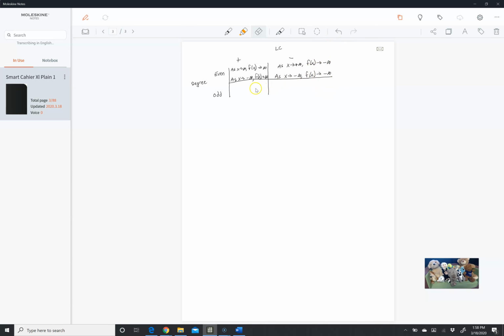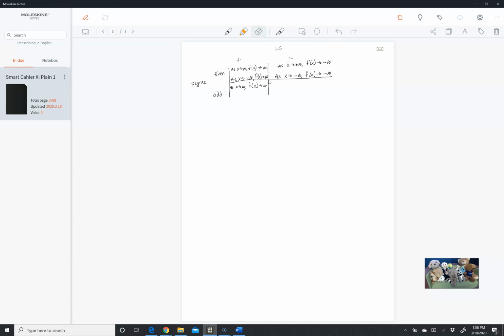When we look at odd degree, you're still going to see x approaches infinity and x approaches negative infinity, because we're talking about what happens on the left versus what happens on the right. But these f of x's, one is going to approach infinity, one is going to approach negative infinity. So they're doing different things. So if it's odd, the leading coefficient is positive, which means it's going to rise on the right.